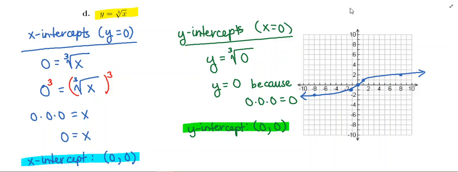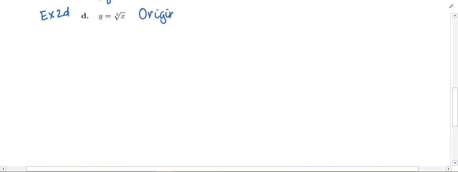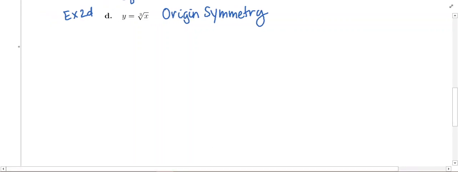Back on page 8. For this particular graph, what we're expecting is just origin symmetry. It's not going to have any x-axis symmetry or y-axis symmetry. Let's get started. We'll test first for x-axis symmetry.